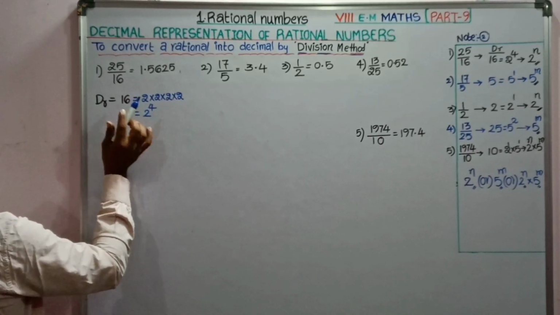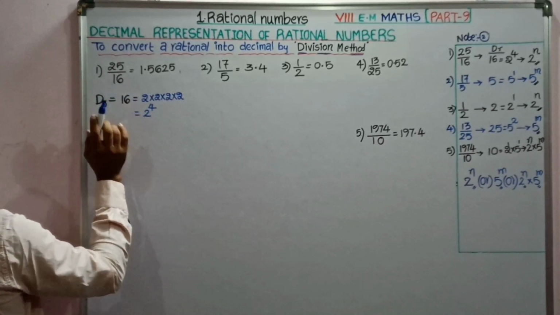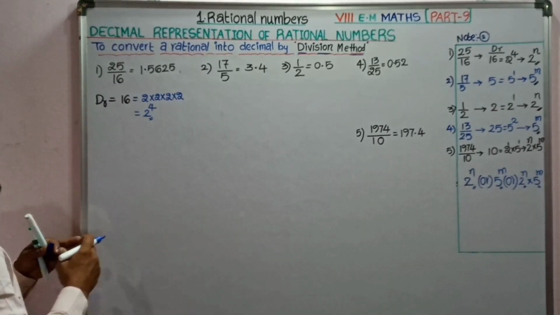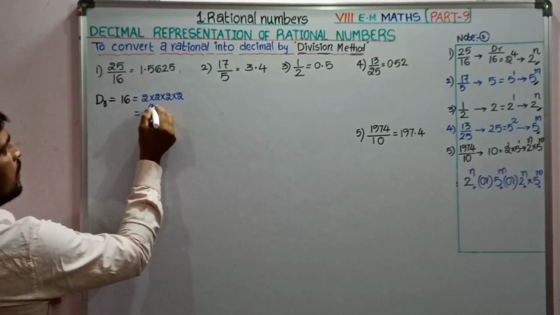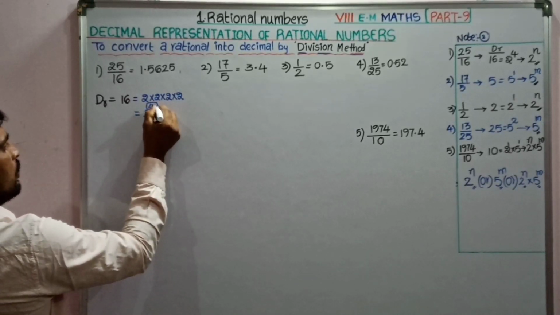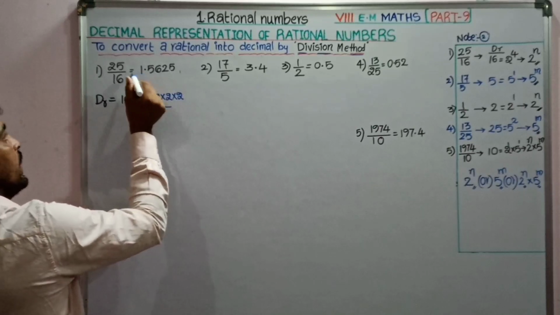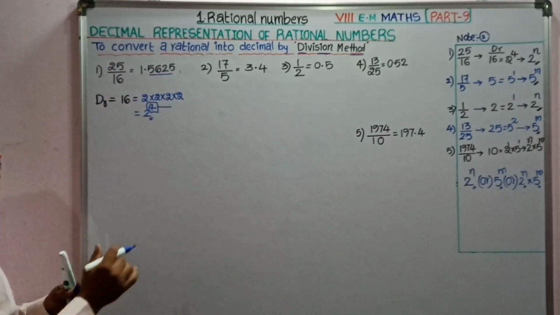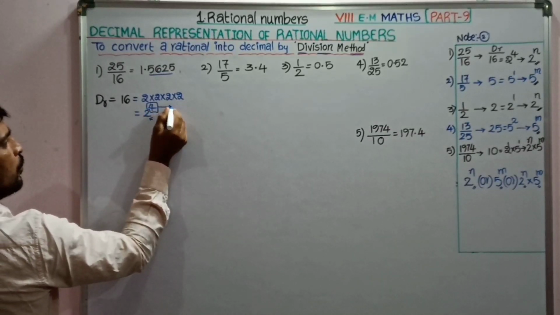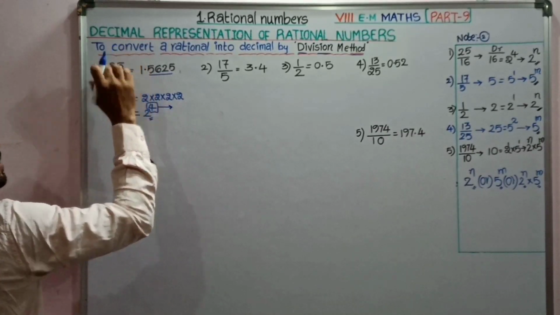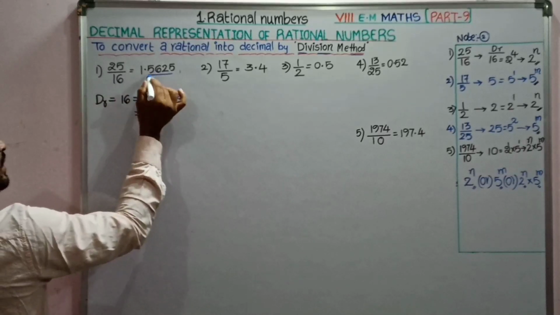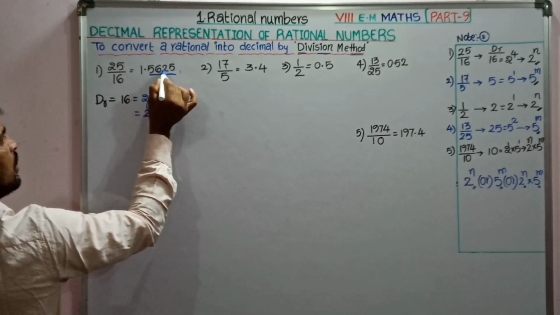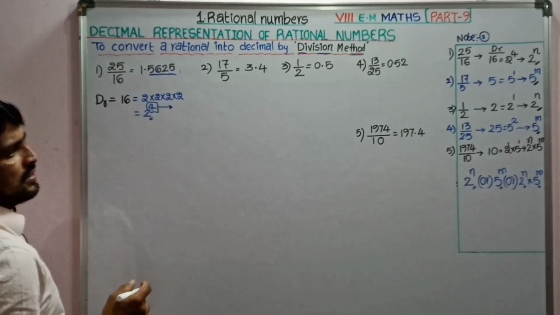The prime factorization of the denominator of 25 by 16 has only 2 power something, and the power is always a whole number, 4. So the decimal form terminates after 4 decimal places.